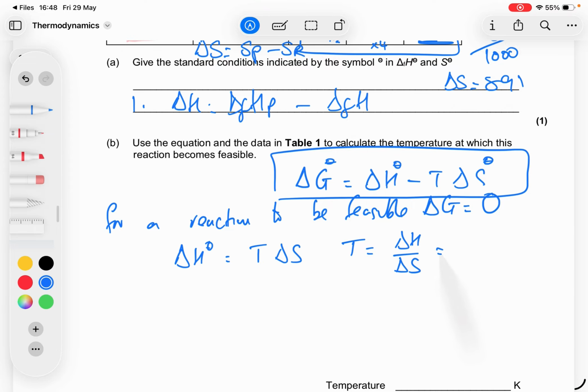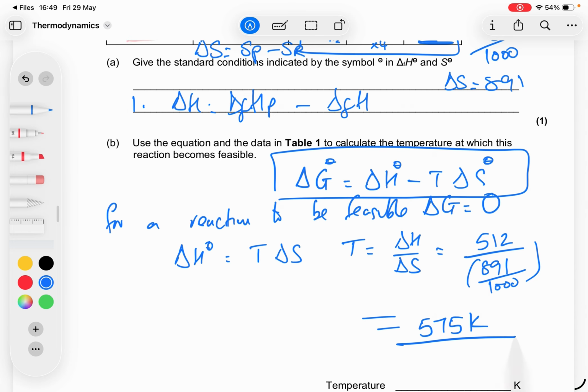So T equals 512 divided by 891 over 1,000, and then the temperature at which the reaction becomes feasible is 575 K.